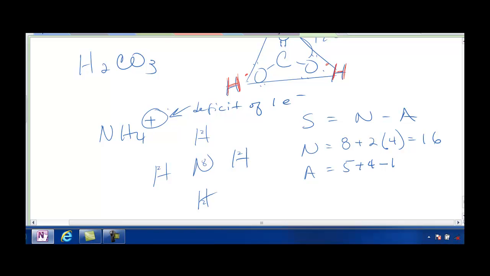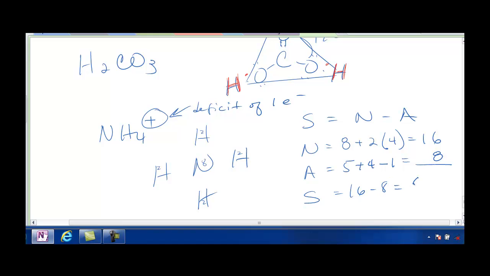A deficit of 1 if it's a plus 1. A deficit of 2 if it's a plus 2. Just like a minus 1 has an extra 1, and a minus 2 has an extra 2, and an extra 3 for a minus 3. So 5 plus 3 gives me 8. So what do I share? 16 minus 8.